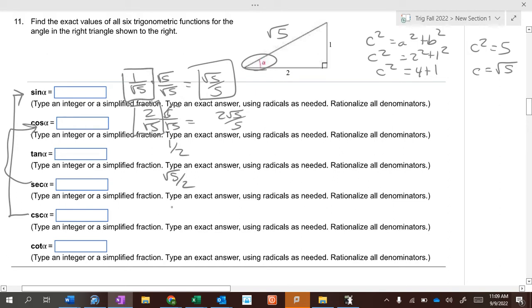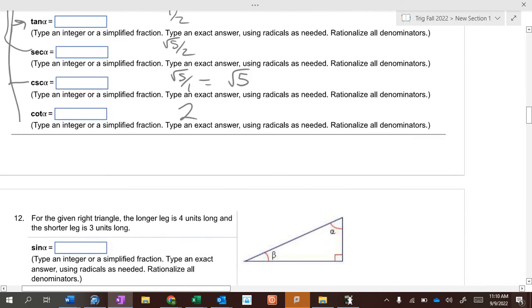You take the original one, square root of 5 over 1, and that just reduces to square root of 5. And cotangent is the reciprocal of tangent. What's the reciprocal of 1/2? 2.